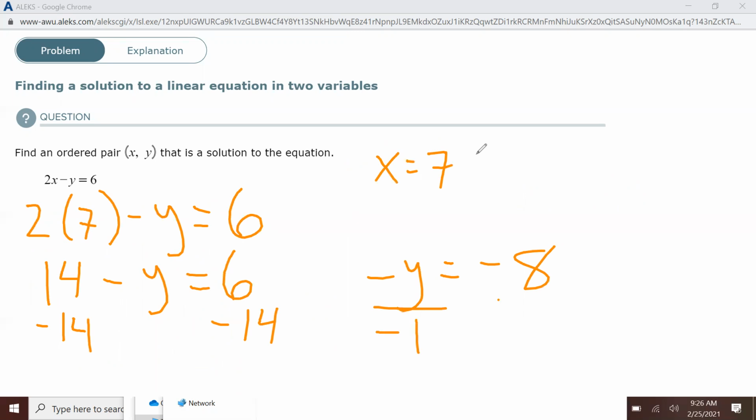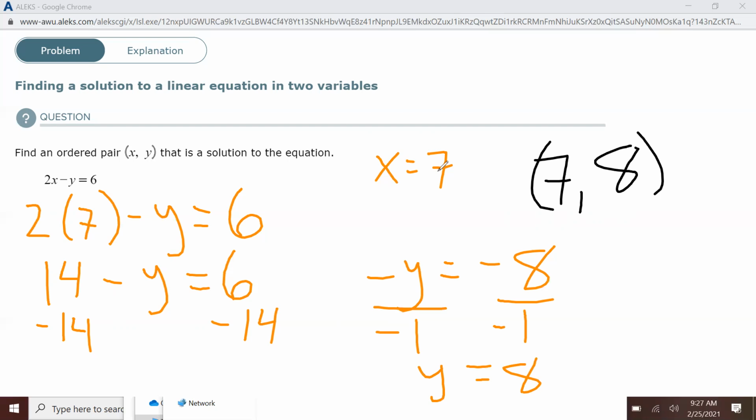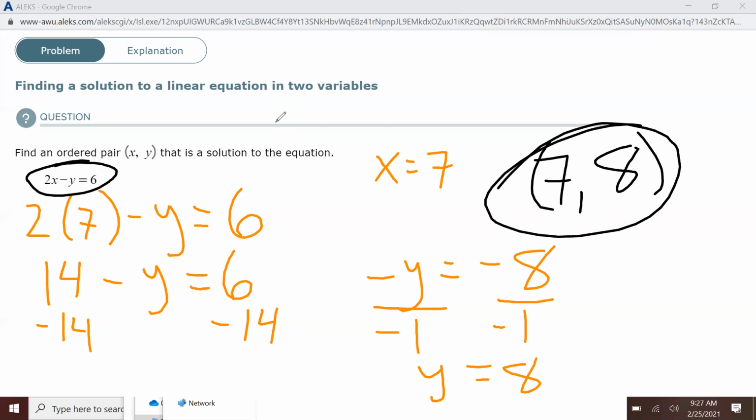And divide by -1. And y is 8. Therefore, the point 7, 8 is a solution to this equation. Or in other words, if I were to graph this line, this point would be on the line.